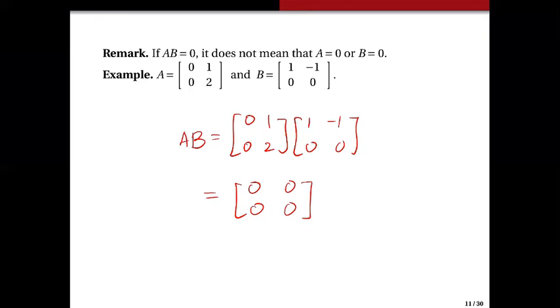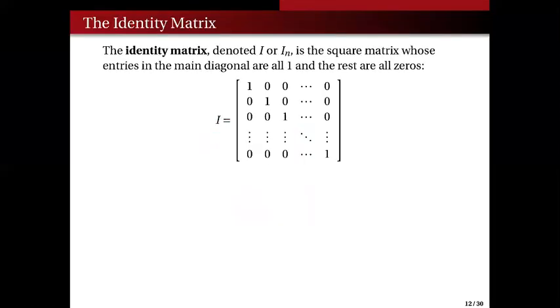Next, let us define what we call an identity matrix. The identity matrix, which we will denote by I or I subscript n, is a square matrix whose entries in the main diagonal are all 1, while the rest are all zeros. So remember, this is your main diagonal.